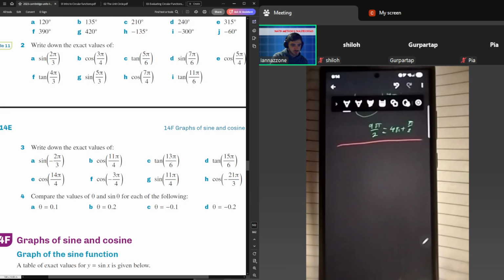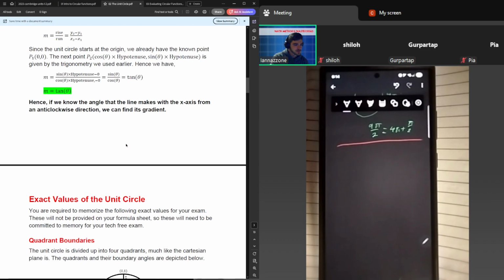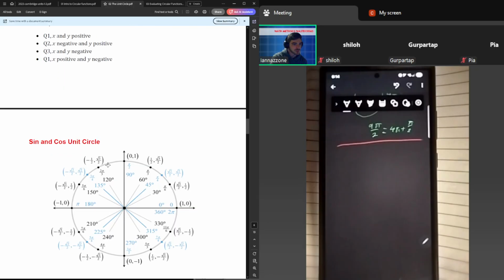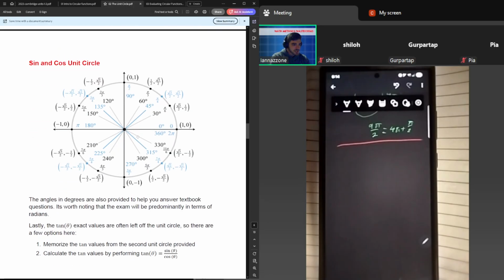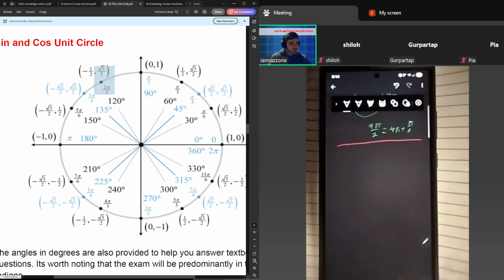So step 1 is going to be ignore the negative and just look at where's the positive 2 pi on 3. So if we even just do this one live, we're looking for negative 2 pi over 3. We start by doing the positive 2 pi over 3, which on the screen share is this spot here. Only now do we flip this down to the next spot.